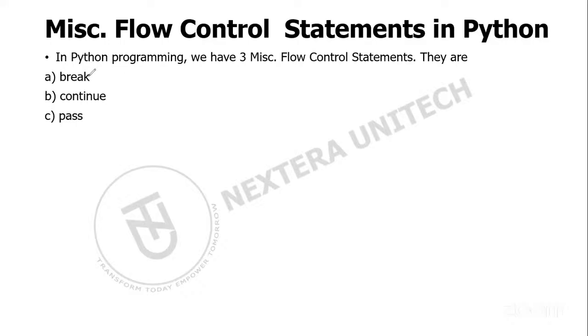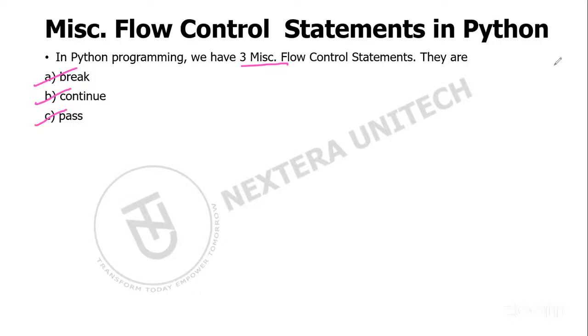And in Python, there are three miscellaneous flow control statements. These statements help us to control the flow. Am I right? Yes. What are they? Break, continue, and pass.